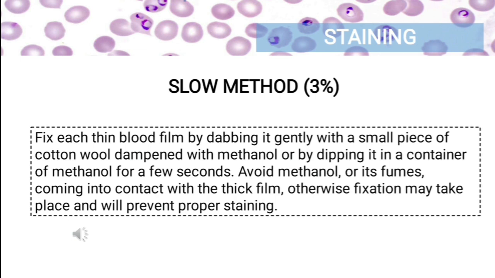It is ideal for staining blood films from surveys or research work or batches of slides for teaching. It performs best when slides have dried overnight. So this method is economical because much less stain is used, which is 3% rather than 10%.